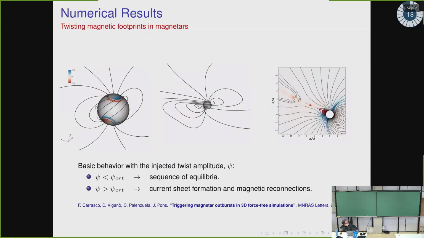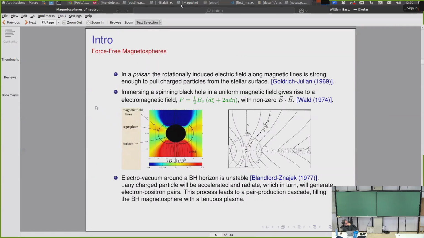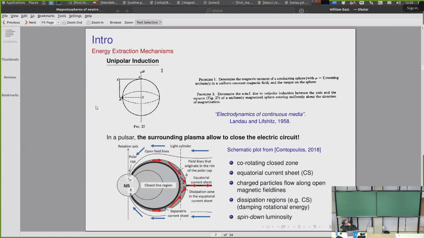Okay, so this was this study on magnetars. Now let me finally move to the binary system.